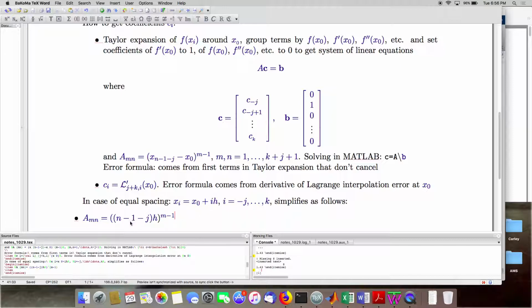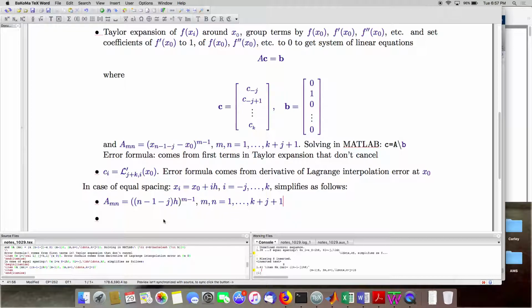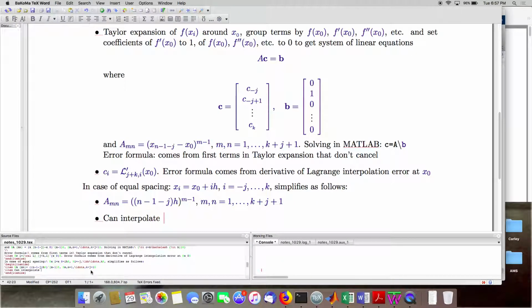This is for, again, m and n equal to 1 up to the total number of points that you have. And in the case of Lagrange interpolation, you can interpolate at the integers xi equal to i.